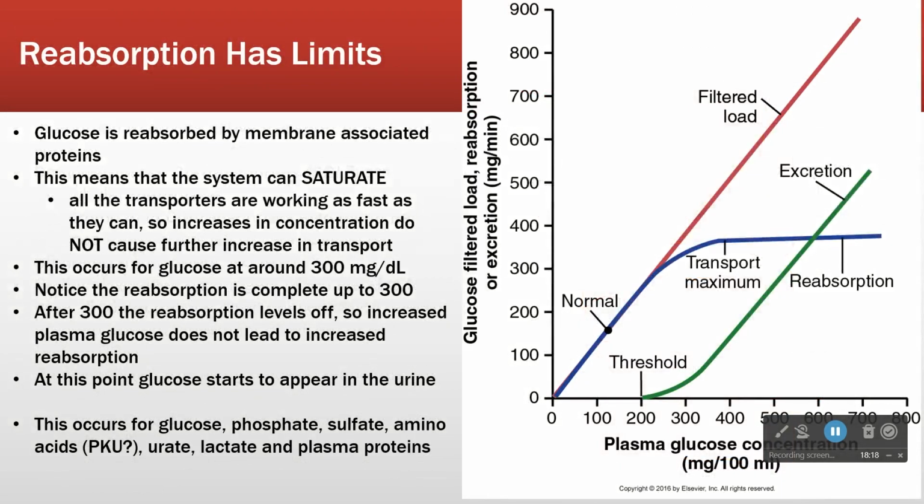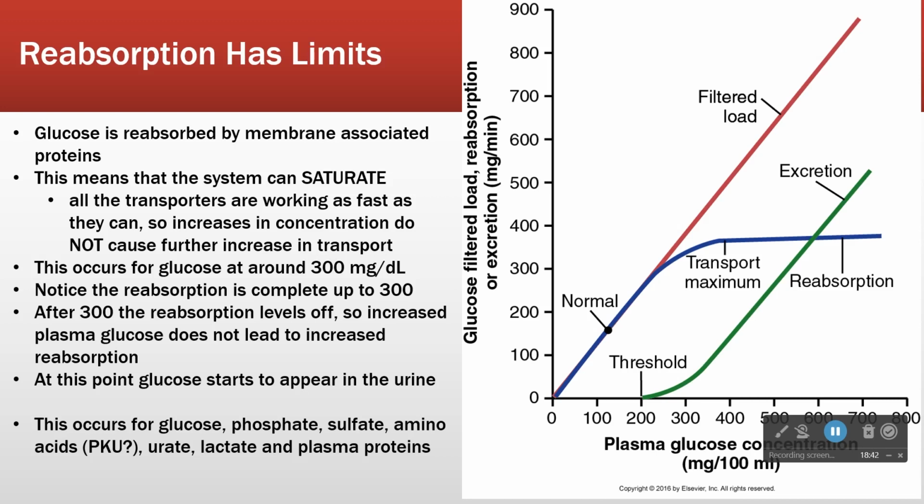Okay, so with those two, if both the GLUT and the SGLT are both working as fast as they can, well, if you add more glucose, you don't get any more reabsorption, right? Because they're all busy. So that's the point at which we start to see glucose appear in the urine, right?